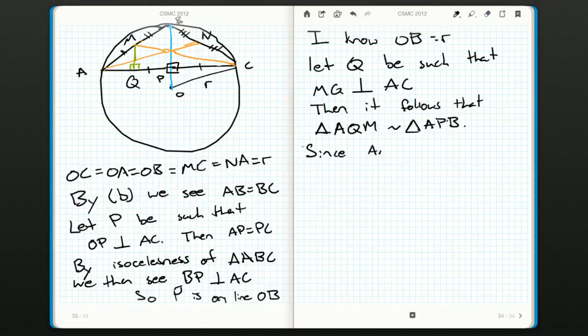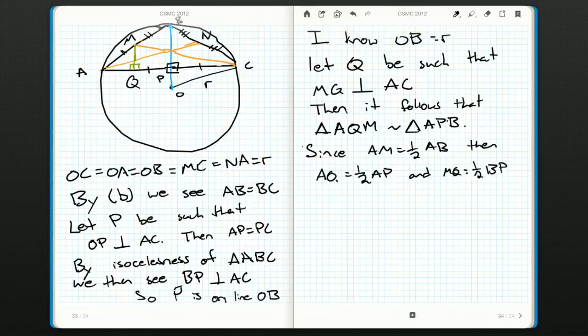And since AM is 1/2 of AB, then we know two things. AQ is going to be 1/2 of AP, and the other one, MQ, is going to be 1/2 of BP.